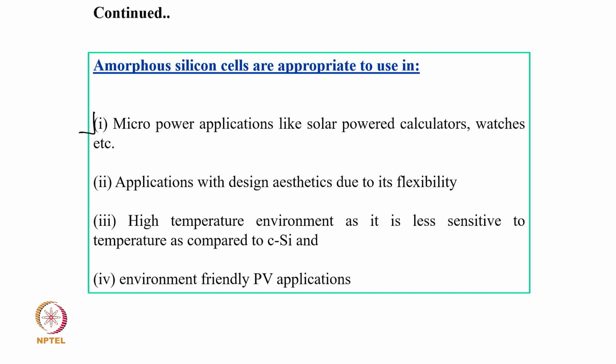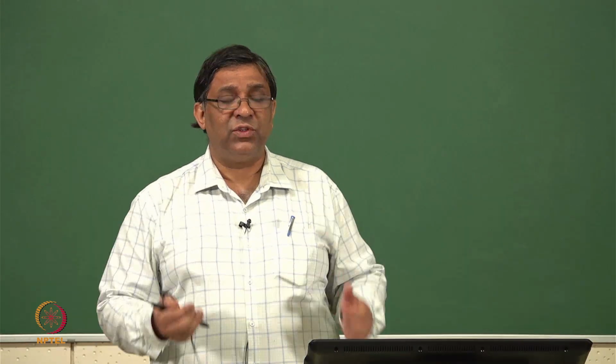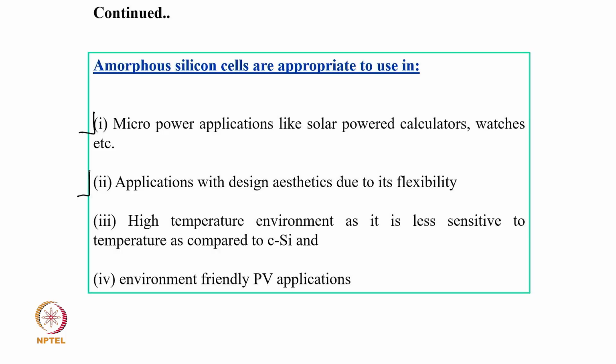As you know, it is a very thin silicon, 1 to 2 micrometers, so it can be grown or deposited on a flexible substrate, whereas crystalline silicon you cannot make on a flexible substrate. So wherever there is a utility of flexible solar cells, one can use amorphous silicon solar cells.